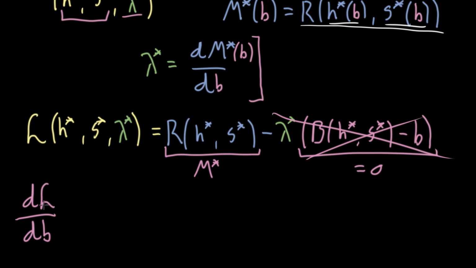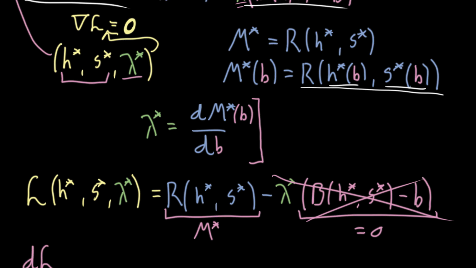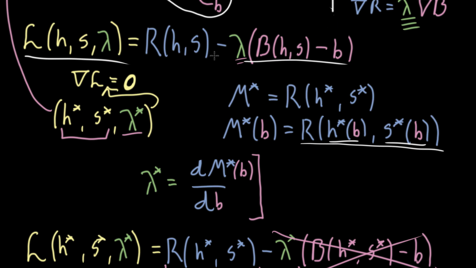Now, this is an interesting thing to observe, because if we just look up at the definition of the Lagrangian, if I told you to take the derivative of this with respect to little b, you would notice that this goes to 0, it doesn't have a little b. This would also go to 0. And all you'd be left with would be negative lambda times negative b, and the derivative of that with respect to b would be lambda.